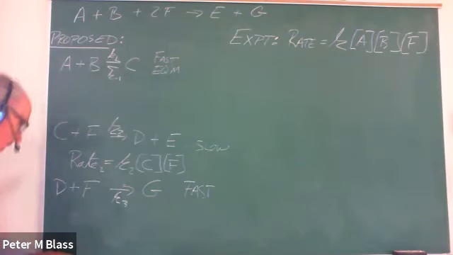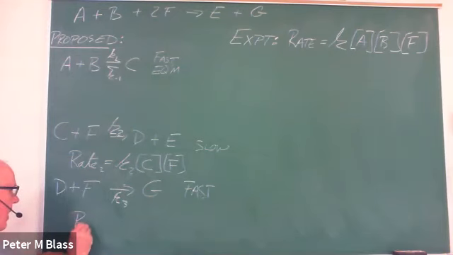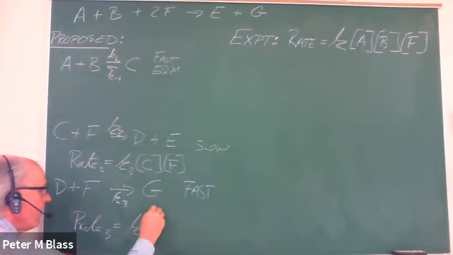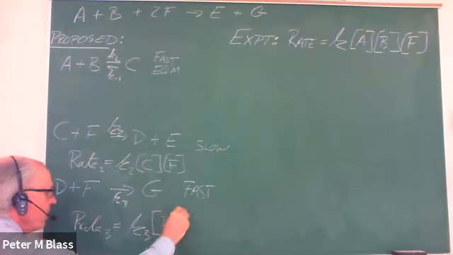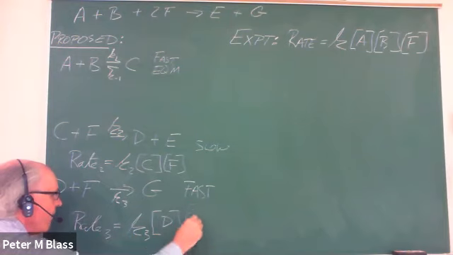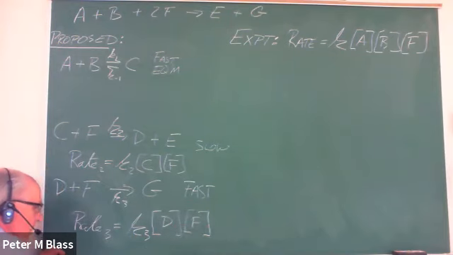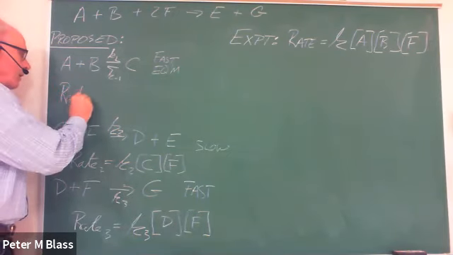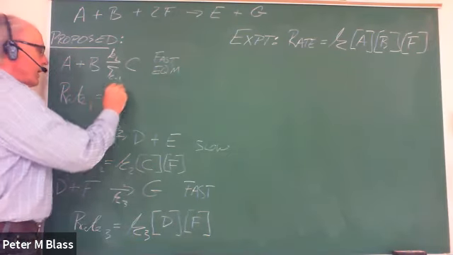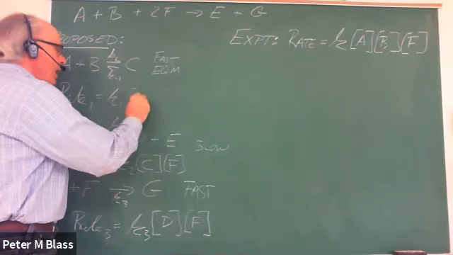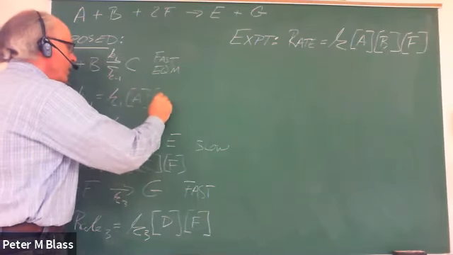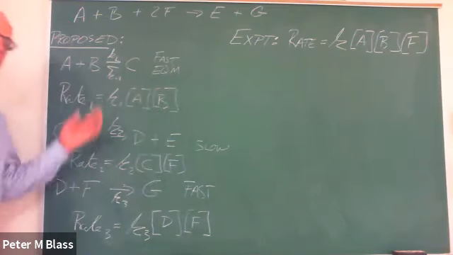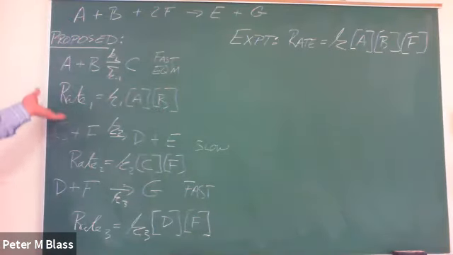Just like here, I can look at this one, rate 3 equals K3 times D times F. And rate number 1 equals K1 times A times B. Okay, I can write the rates of the individual steps. It's very easy.